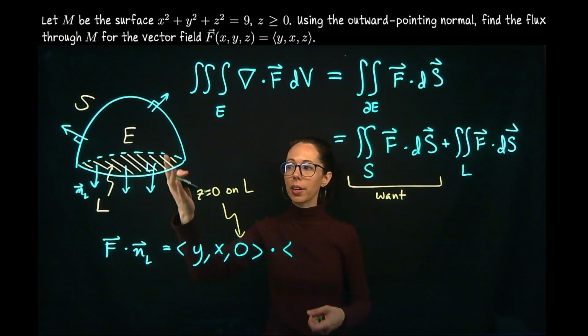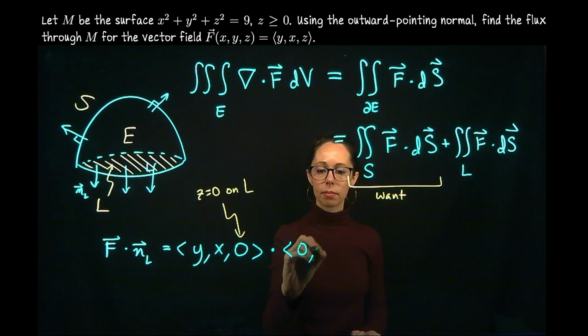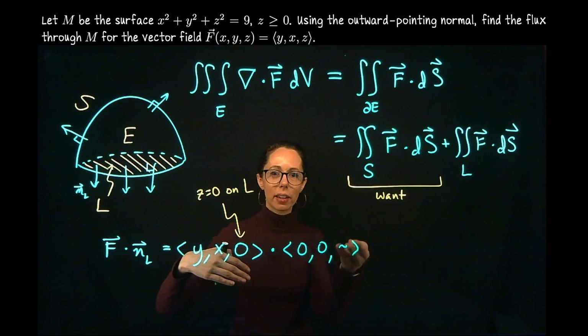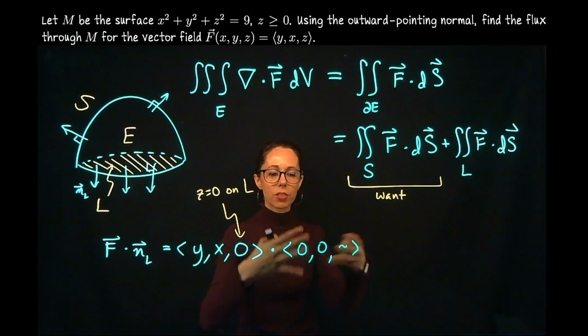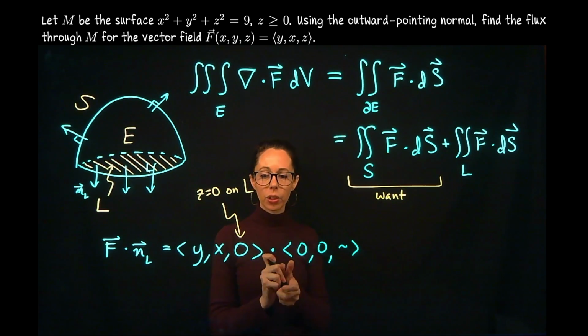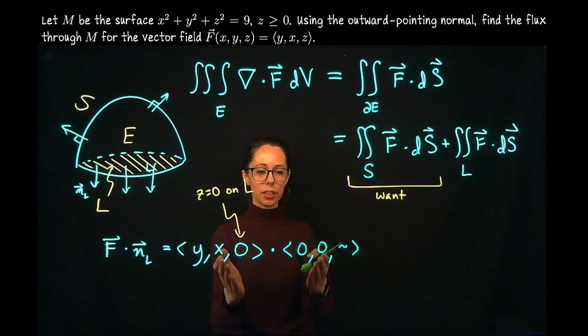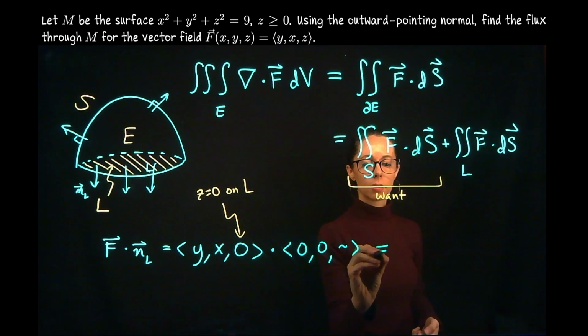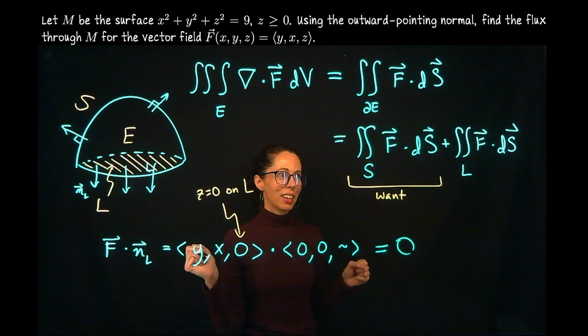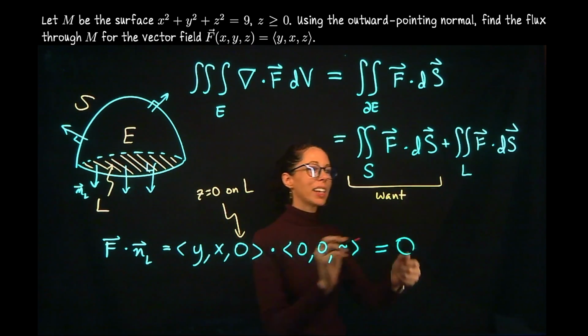So it's 0, 0, something. If we take some sort of unit normal, it'd be 0, 0, -1. But if we were deriving this from a parametrization, this might change. But the point is it would have this form. Now, if you look at the dot product, you get 0. So this extra piece that we're adding in is 0.